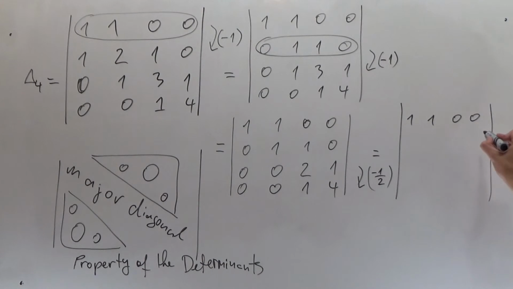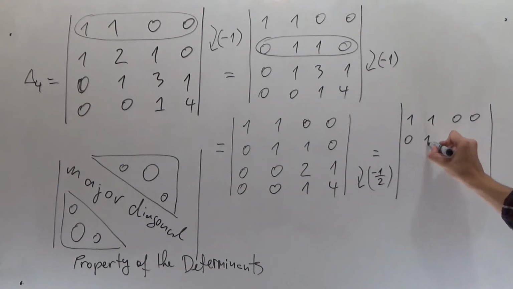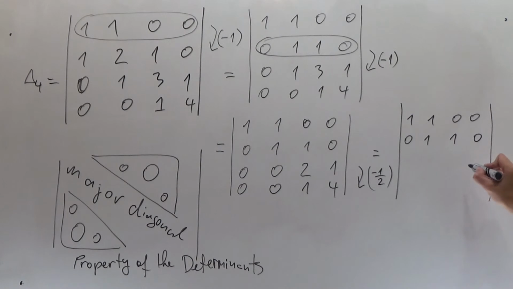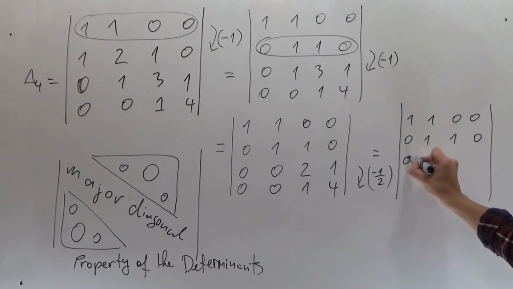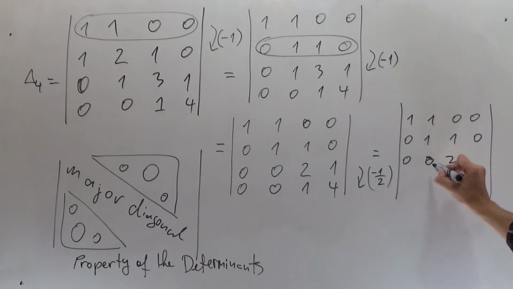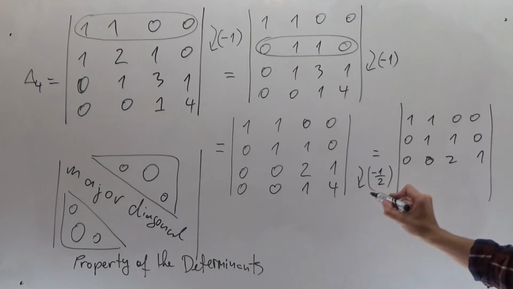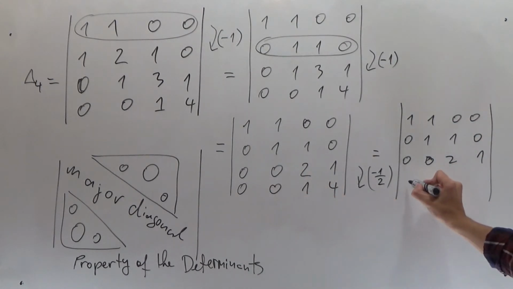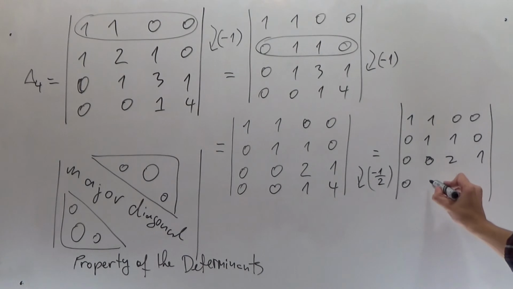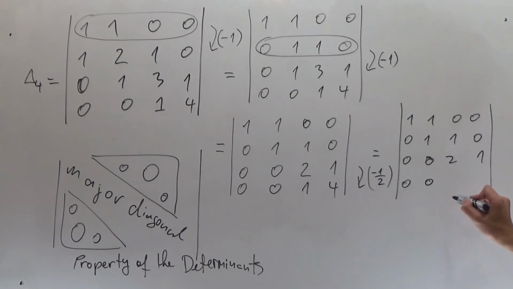Okay, first row is unchanged, second row as well, third row as well, and here we'll have elements 0, 0, 0 and minus 1 over 2 plus 4.